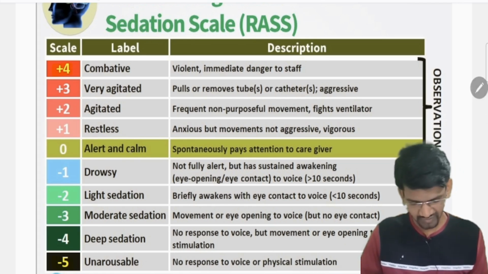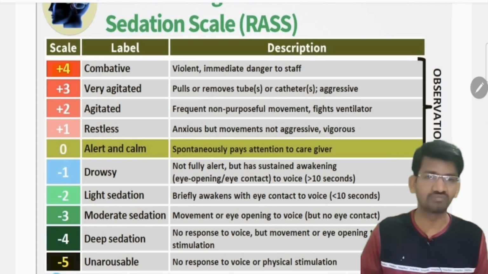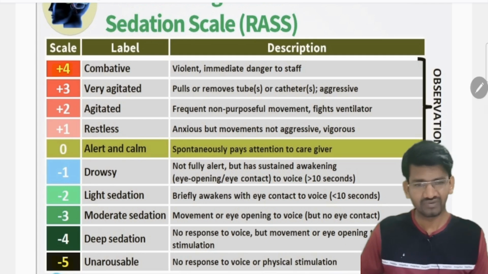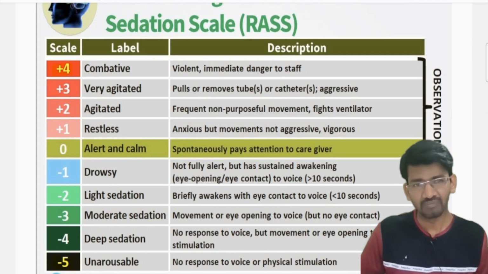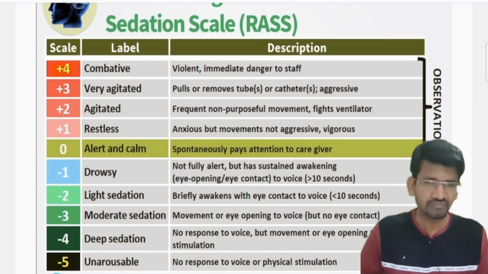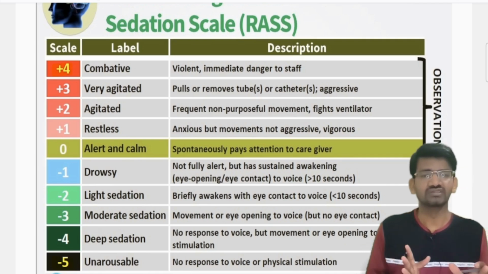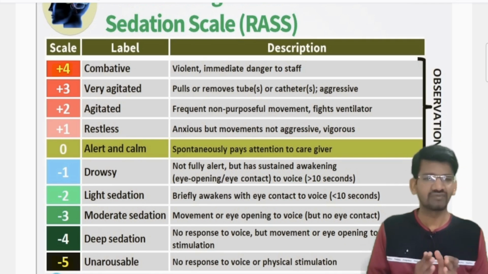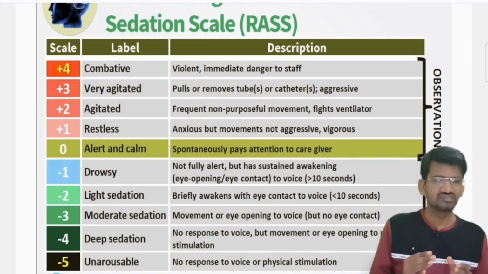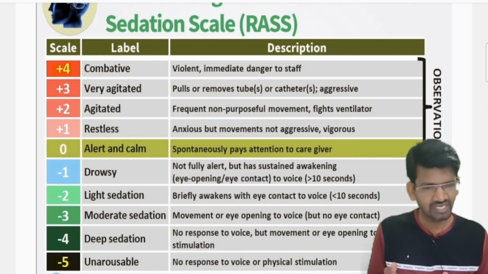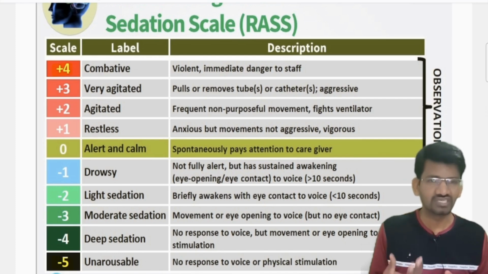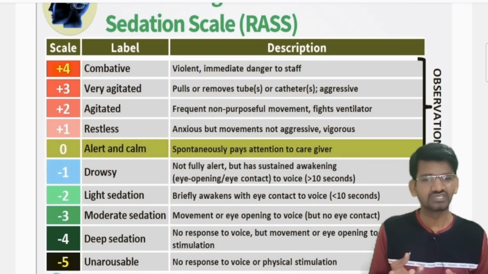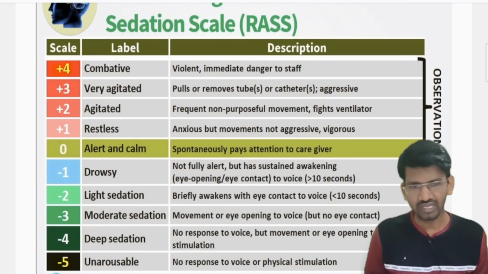So 0 in between is alert and calm, which is normal. The agitation is assessed just by observation. To assess the agitation level in the patient, we just observe the patient, whereas to assess the sedation level, we give some commands. The patient is given voice commands and some physical stimulation to assess the sedation level.